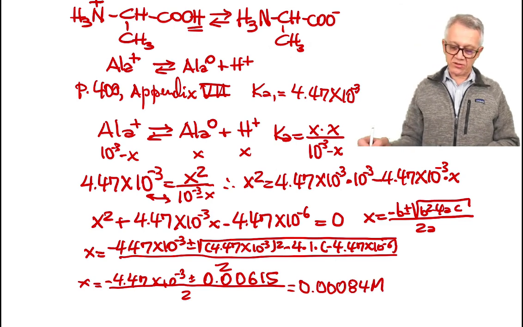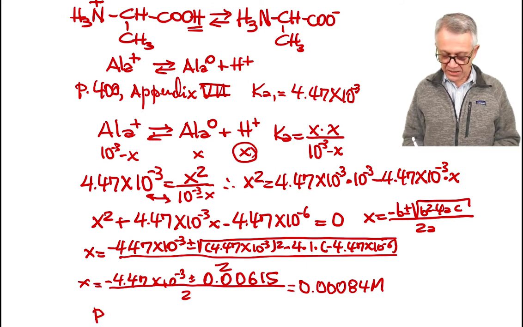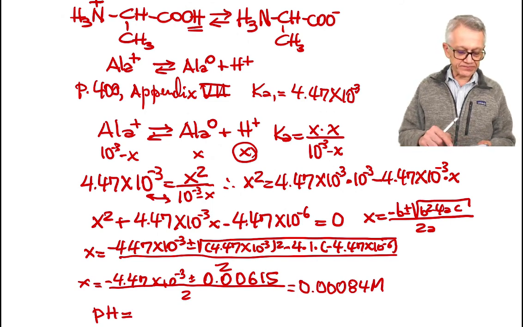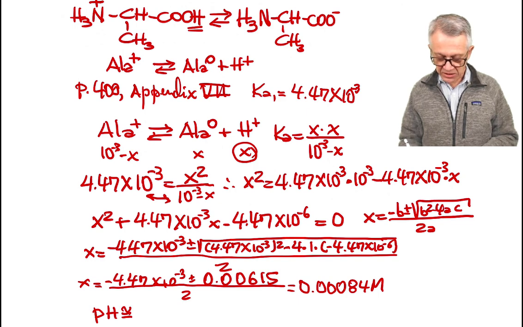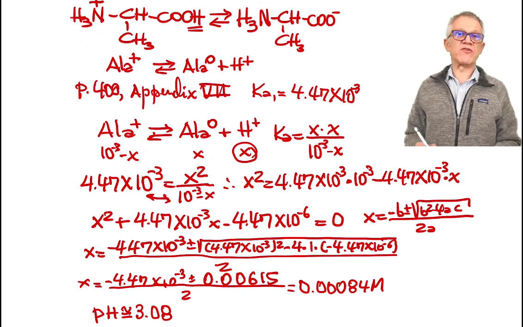This is the concentration of protons. So if the concentration of protons is like that, the pH is going to be minus log of that number, which gives 3.07576. So let's say 3.08. It's a good approximation. So that's how we find the solution.